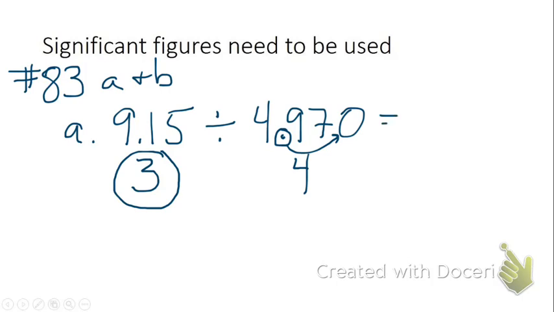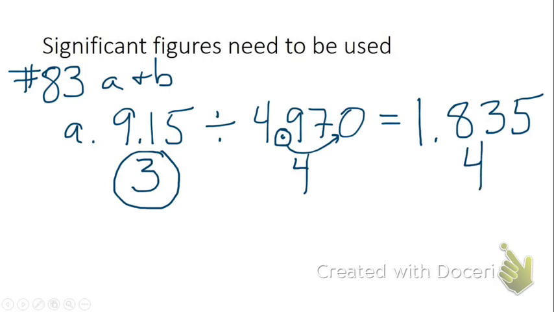So, let's say we do this problem, and you punch it into your calculator, and let's say you get this readout, or something similar to it. This has how many significant figures? Well, 1, 2, 3, 4 non-zero numbers, so it has 4.